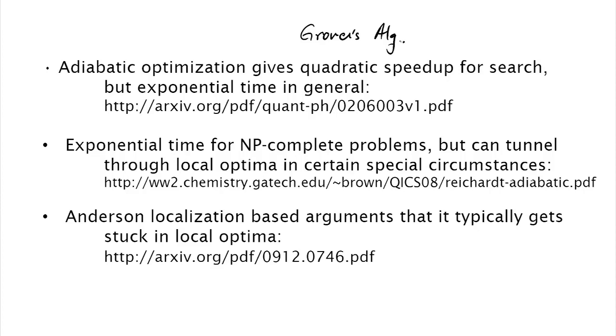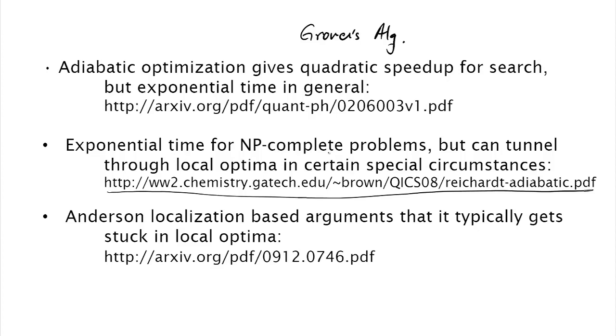But on the other hand, it can also be shown that in general, the gap can get exponentially small, and so you need exponential time. Actually, this paper here shows that the gap can get exponentially small even for NP-complete problems, even for very, very simple NP-complete problems, even for instances of 2-SAT, or of SAT when the variables are placed in a one-dimensional line with nearest neighbor interactions.